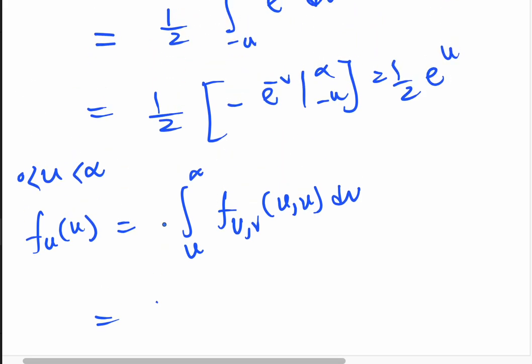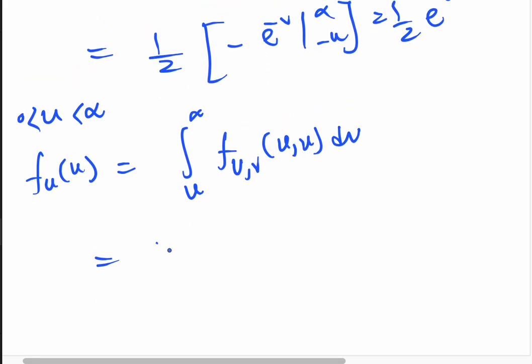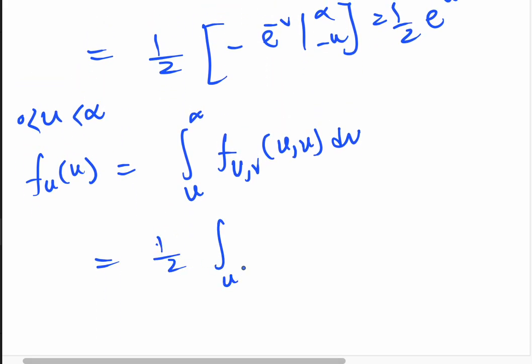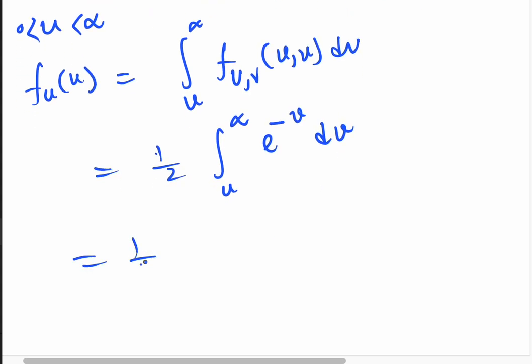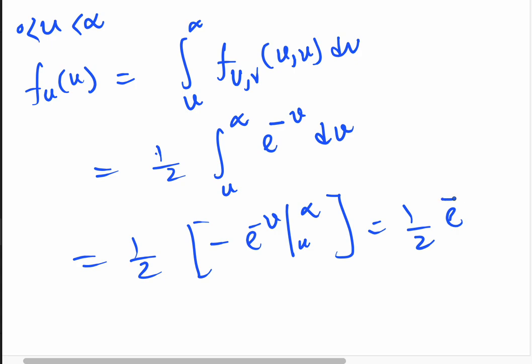Let me do it: half times the integral from u to infinity of e to the power minus v dv. So half times minus e to the power minus v from u to infinity. So this is basically half e to the power minus u.